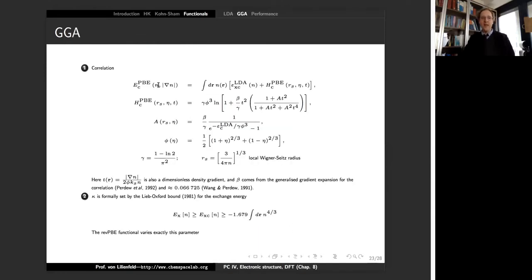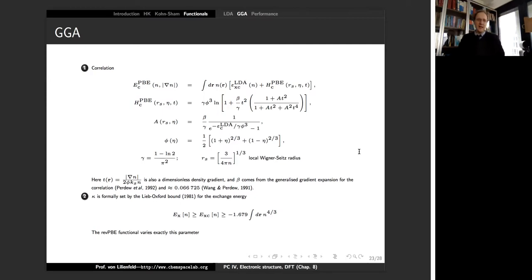And similarly for the electron correlation, you multiply in an additional term here. This time it's an additive correction to the LDA correlation function, and it looks as here, and the derivation of this is very complicated, but the important part is that these terms were not found by fitting or trial and error, but rather obtained by obeying exact constraints.